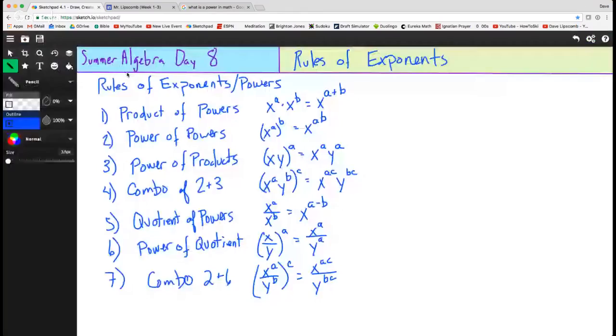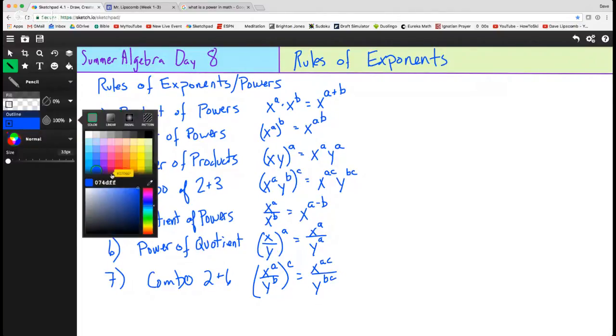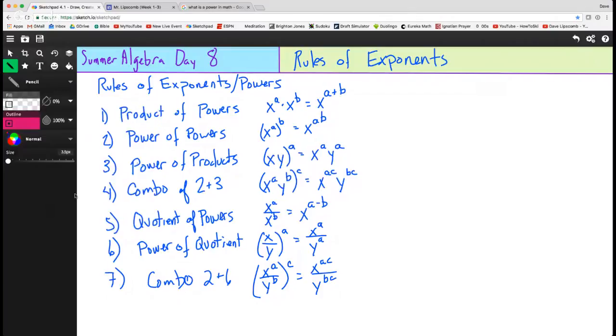Okay, so now let's go on to our rules and how to apply our rules. We're going to talk about these 7 rules. If you learn these 7 rules and how to apply them, you've learned everything there is in the lesson. It's kind of confusing to some at first, but then it starts to make sense as we start to practice. So the product of powers means if I take a number to one power times a number to another power, the answer is just that number to the powers added together.